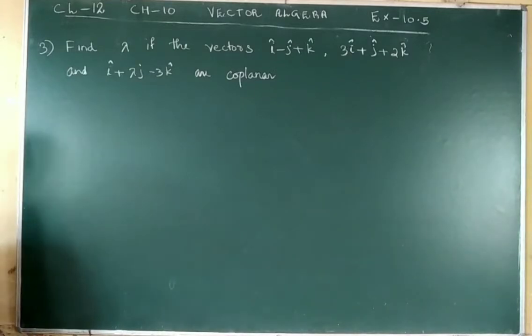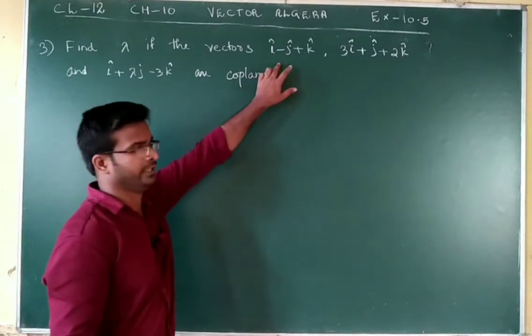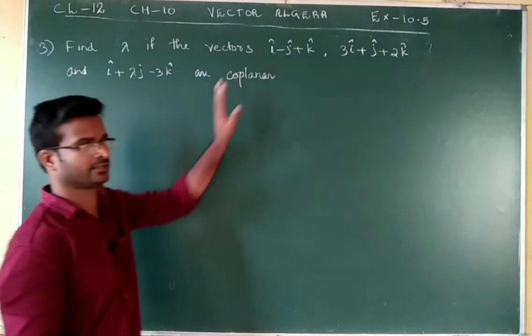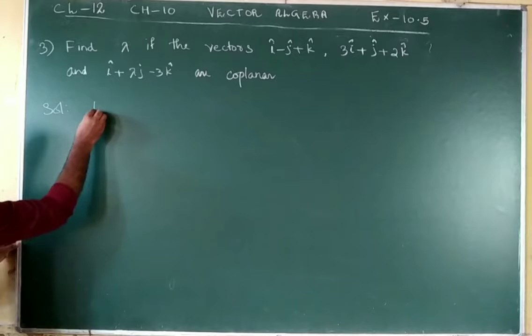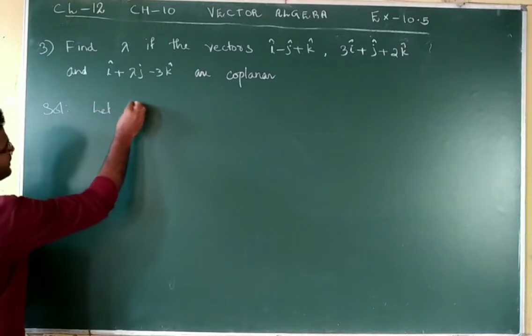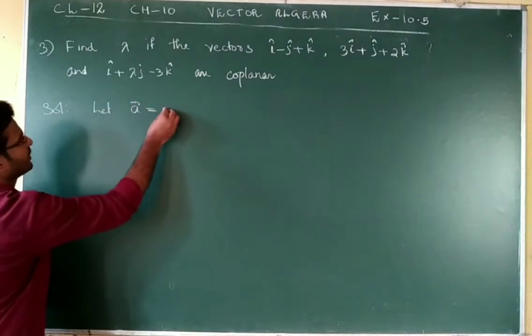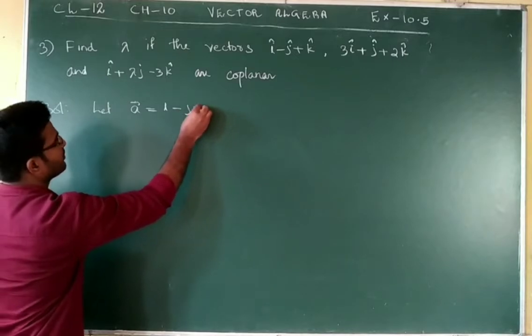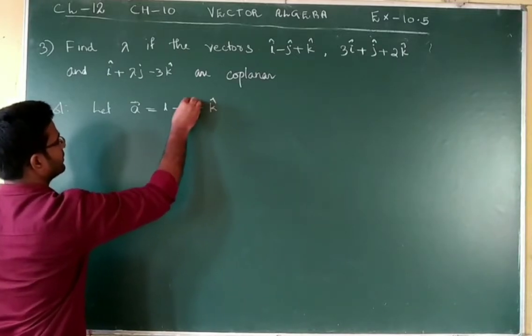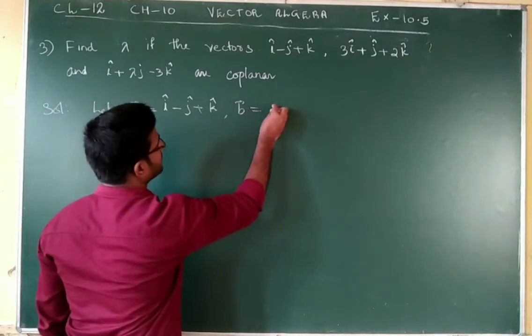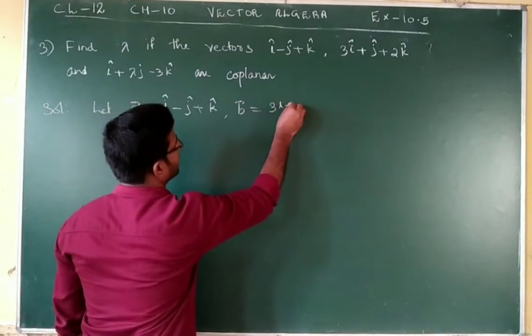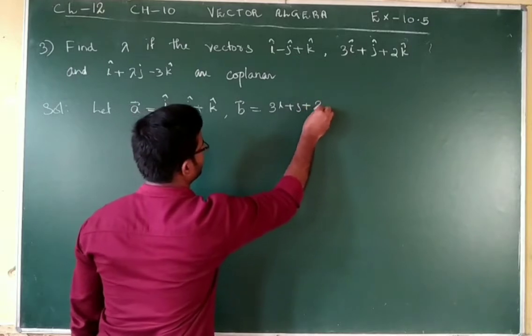Now, first step, we can give names. First vector, just consider as A vector. Let A vector equal to i minus j plus k. And second vector, B vector, is 3i plus j plus 2k.